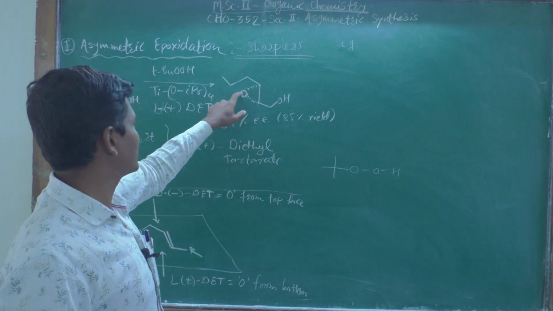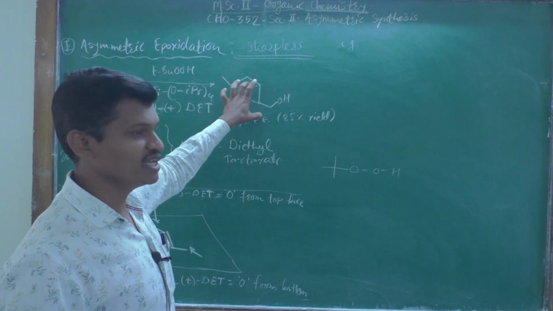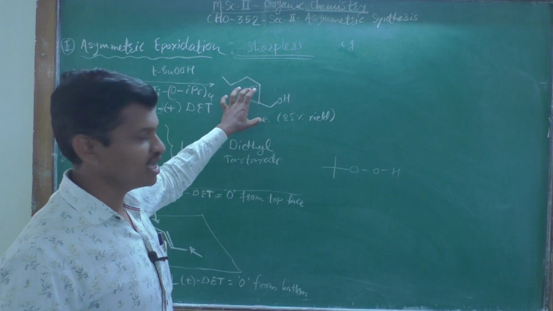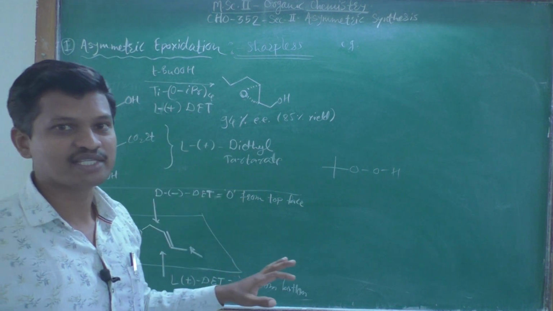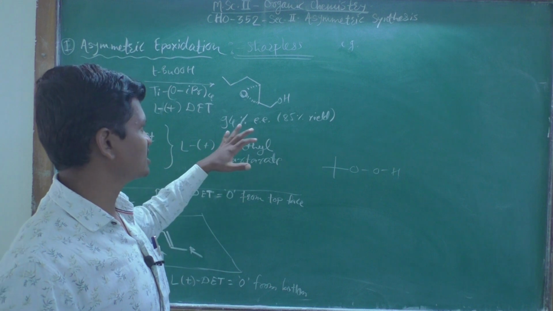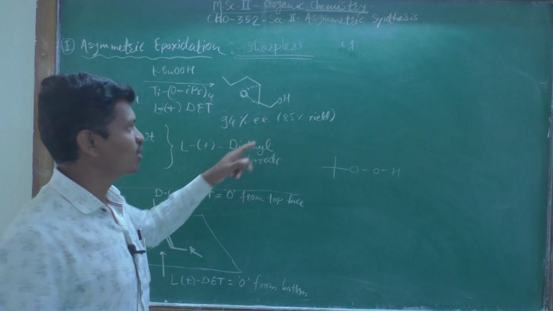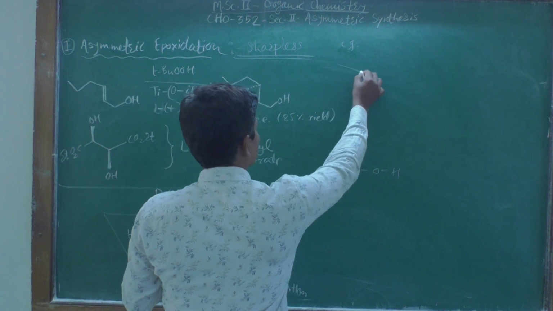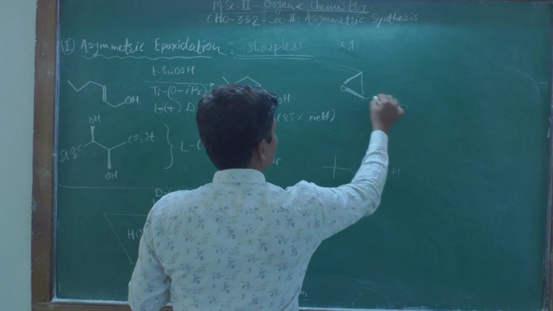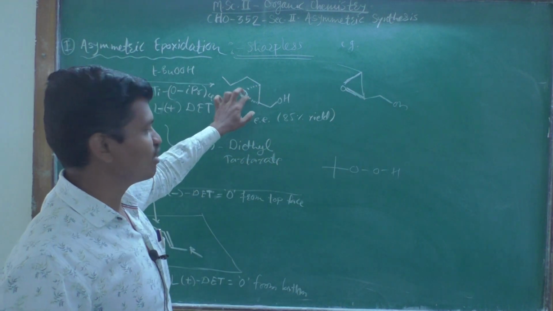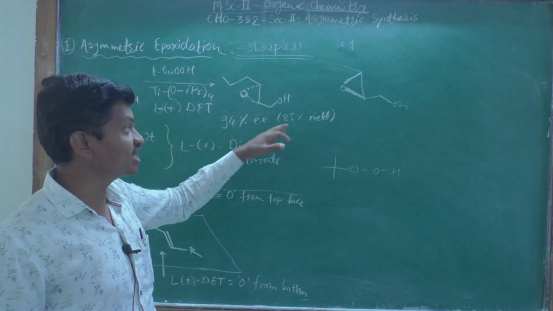The oxygen atom of the epoxide ring is below the plane, and the remaining substituents on the carbon-carbon double bond remain as they are. We are not getting the other product like this. This is the alpha epoxide and this is the beta epoxide. We get this with 94% enantiomeric excess and 85% yield.